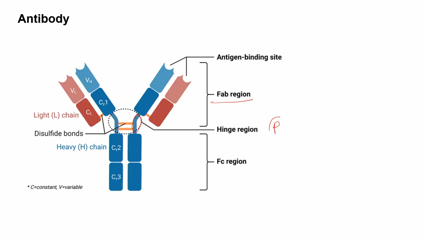The proline is present in large abundance in this hinge region, which provides flexibility to this region of the immunoglobulin. After the hinge region we have the FC region, which stands for constant region. The FC region is towards the carboxy terminal, and the FAB region is towards the antigen binding site, which is exposed to the outside. And of course these disulfide linkages join the heavy and light chains together.